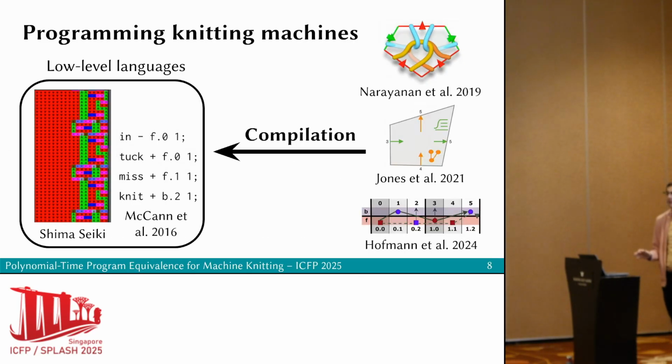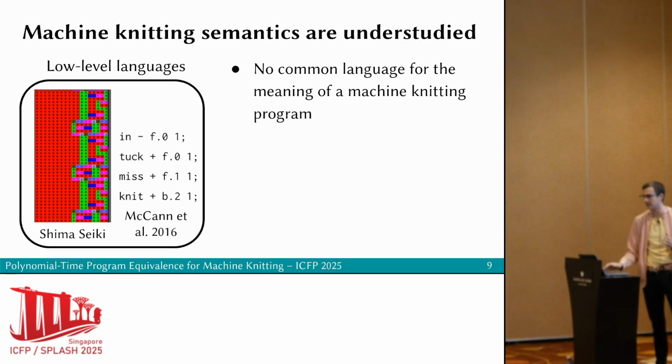So now back to programming these knitting machines. Researchers have developed higher level languages and tools that can abstract away some of the details of the machines. These high level languages will then compile down to those low level machine operations. They're generally much easier to work with. But there's a problem. Low level languages lack usable, rigorously defined semantics.